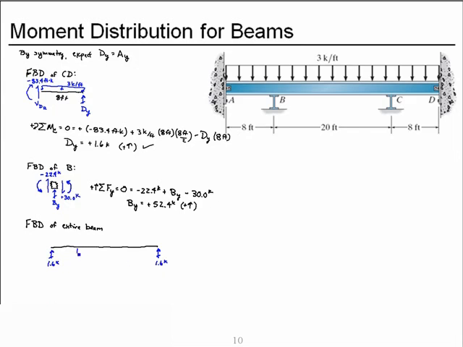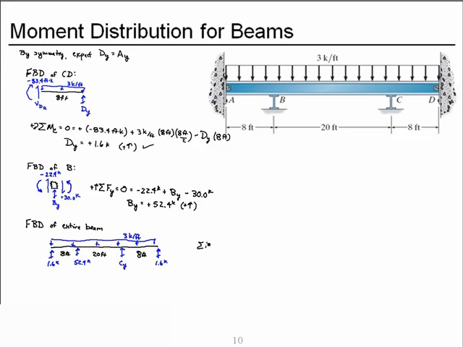We just saw that By is 52.4 kips, and we're looking for Cy. Can't forget the applied distributed load that got this all started. And this segment is 8 feet long, this segment is 20 feet long, and this segment is 8 feet long.